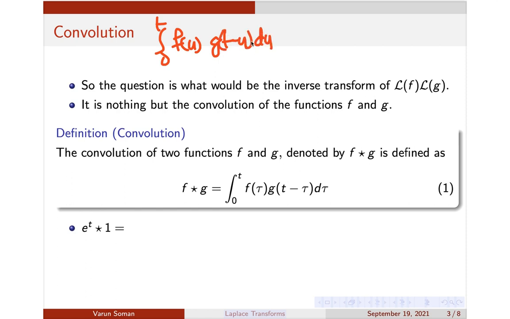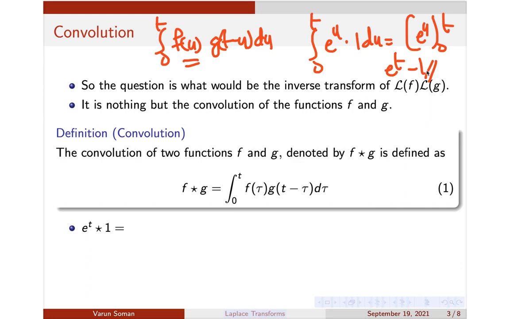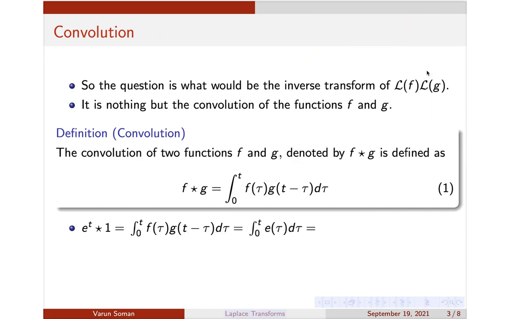So in place of e raised to t, write e raised to u, and in place of g of t minus u, this is a constant function with no variable, so you'll simply get 1 du. What is the answer? It is e raised to u in the limit 0 to t, that is e raised to t minus 1.